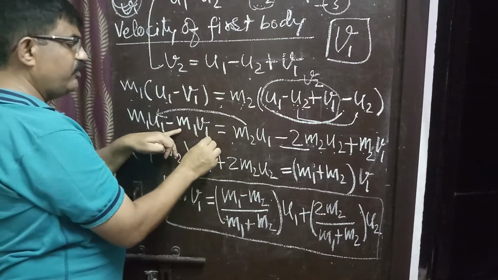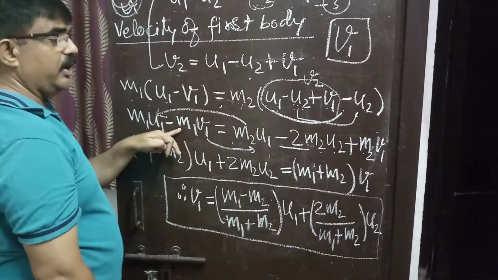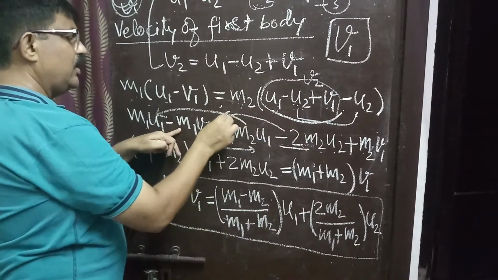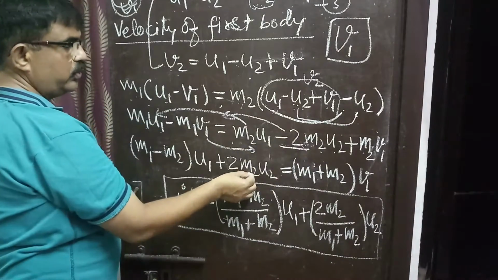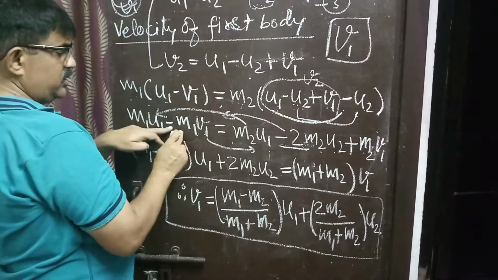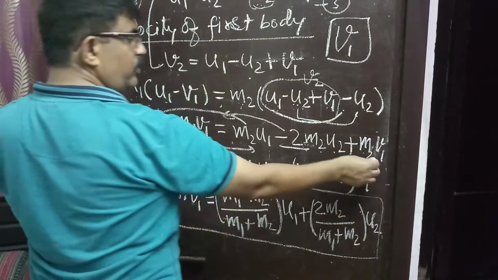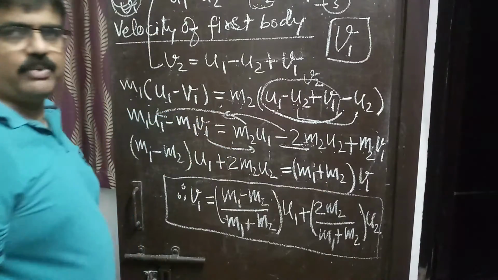Here you see that we transpose this term from left hand side to right hand side, and we transpose this term from left hand side. So this is plus 2m2 u2. When we bring this term this side, this is minus m1 v1, it will become plus m1 v1. v1 we take common, so we get (m1 plus m2) into v1.